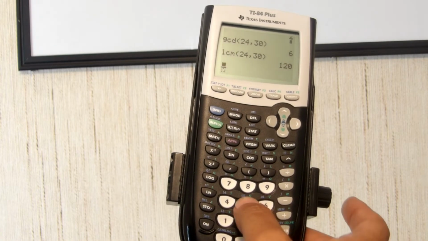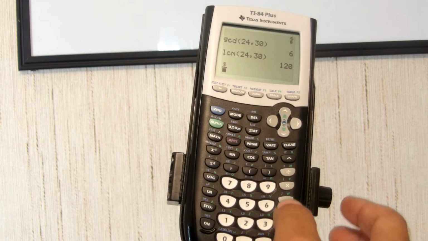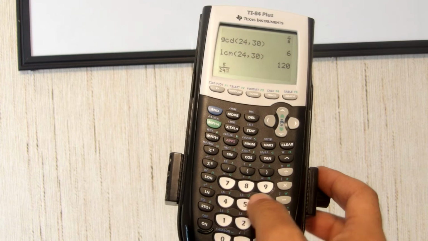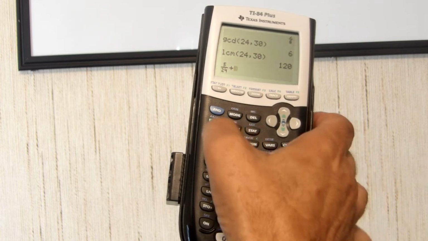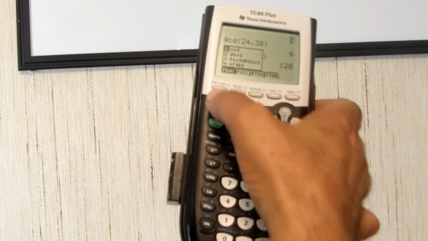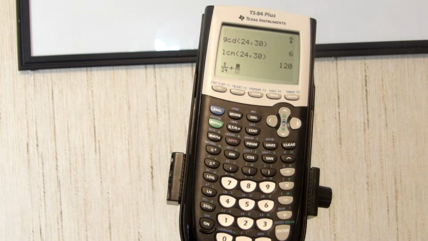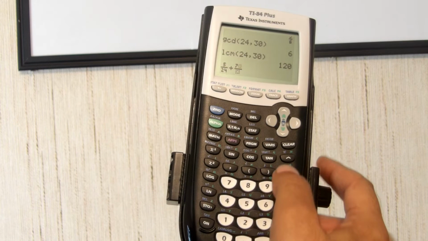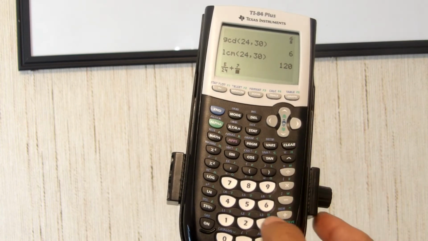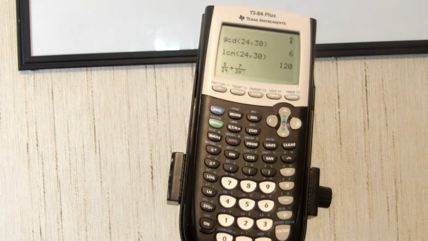Let's say the numerator is going to be 5 and the denominator is going to be 24, and then plus we are going to add another fraction here. The numerator is 7, the denominator is 30. I choose the same numbers.